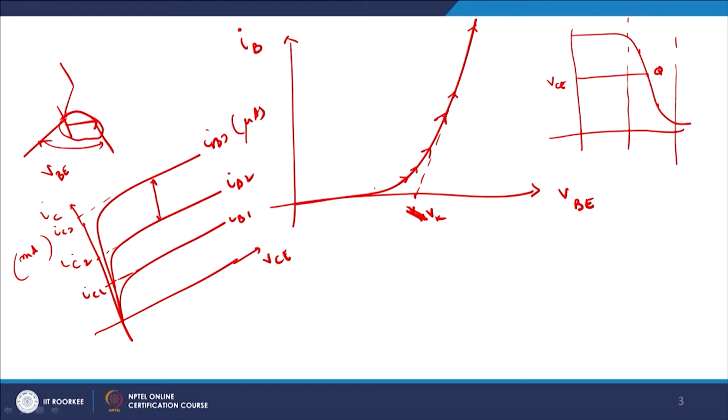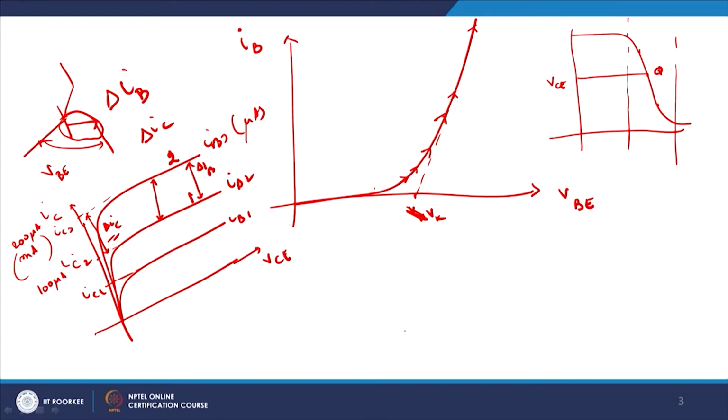But please understand that for the same increase, if IB1 is say 1 microampere and IB2 is 2 microamperes, then the collector current will be 100 times larger. So, I get 100 microamperes or 0.1 milliampere, and I get 200 microamperes. So, you see for the same change in delta IB, I get the same change in delta IC. The rate of change is always the same.